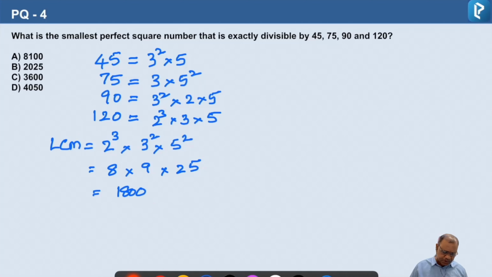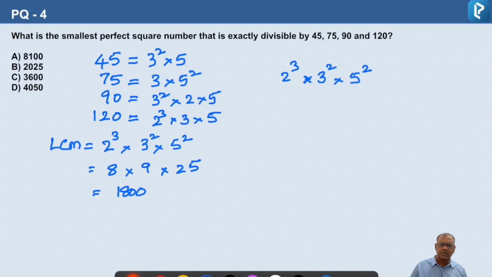So if you notice the prime factorization here, it is 2 cube, 3 square and 5 square. The power of 5 is 2, which is an even number. The power of 3 is 2, which is an even number.